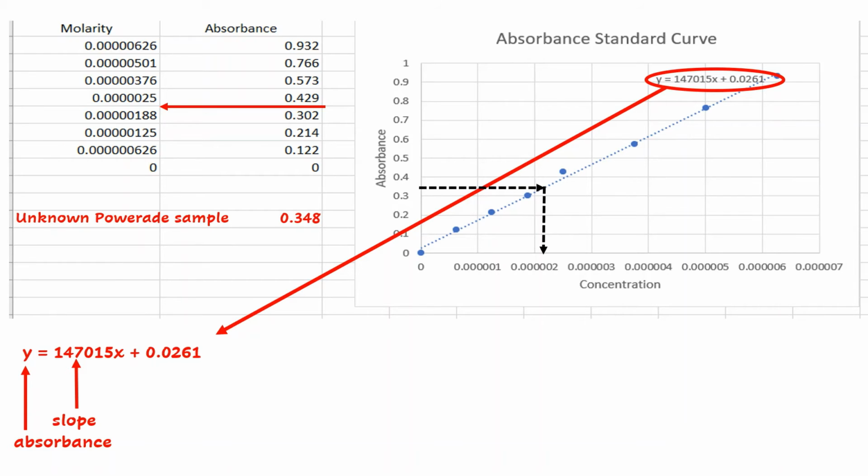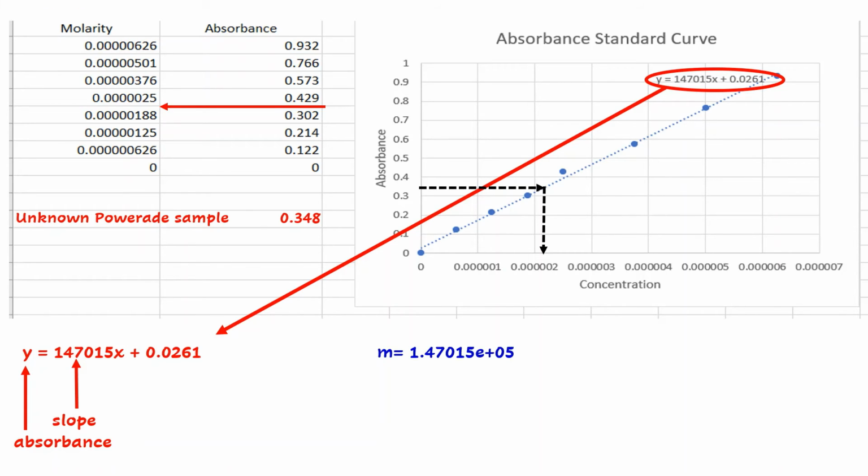If you were to look at m, or the slope on the LabQuest data, it probably is written differently. It probably looked something like this, where m equals 1.47015 e plus 0.5. And of course, your value for m might be different on your graph, but it probably is in this format where it has e to the plus 0.5.